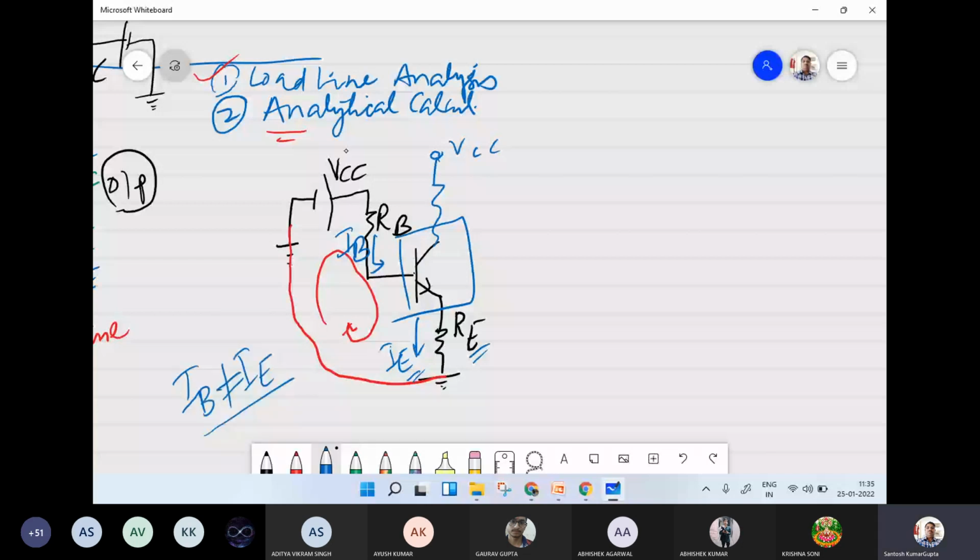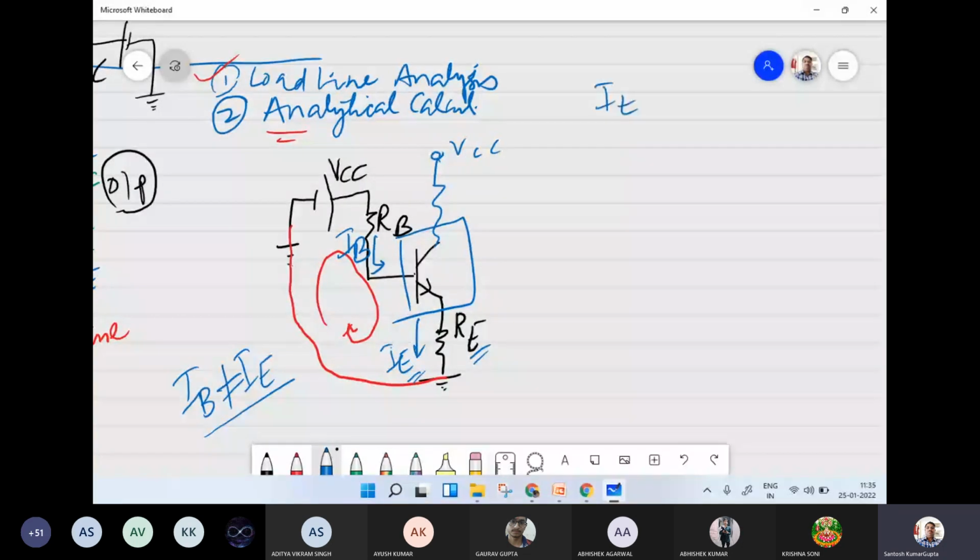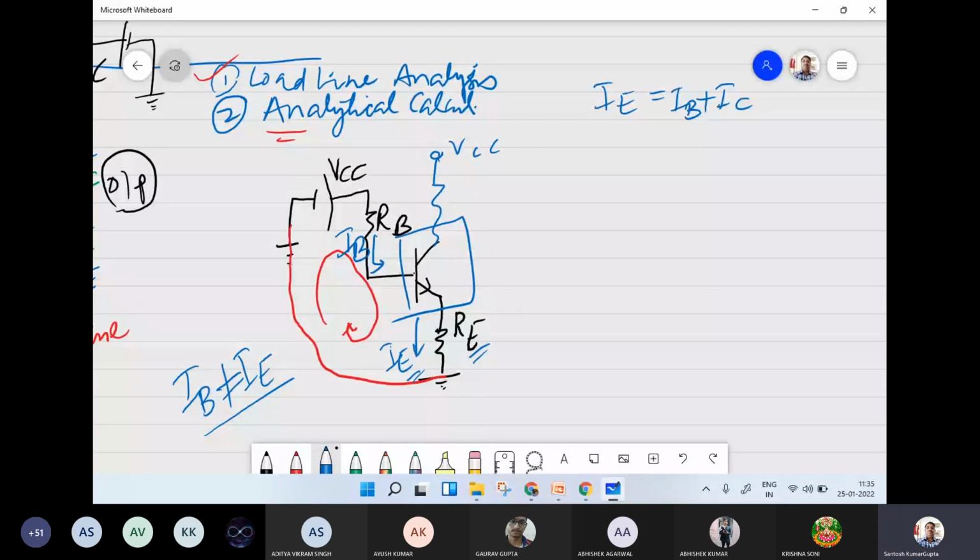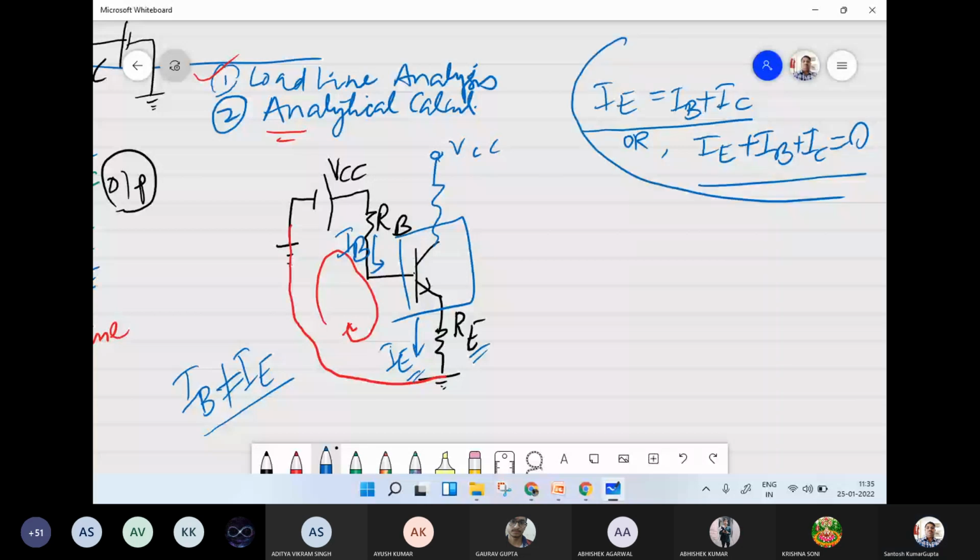The transistor current equation IE equal to IB plus IC will hold. Even IE plus IB plus IC equal to 0 will also hold. So the transistor current equations will hold, but in no way can we assume IB equals IE.